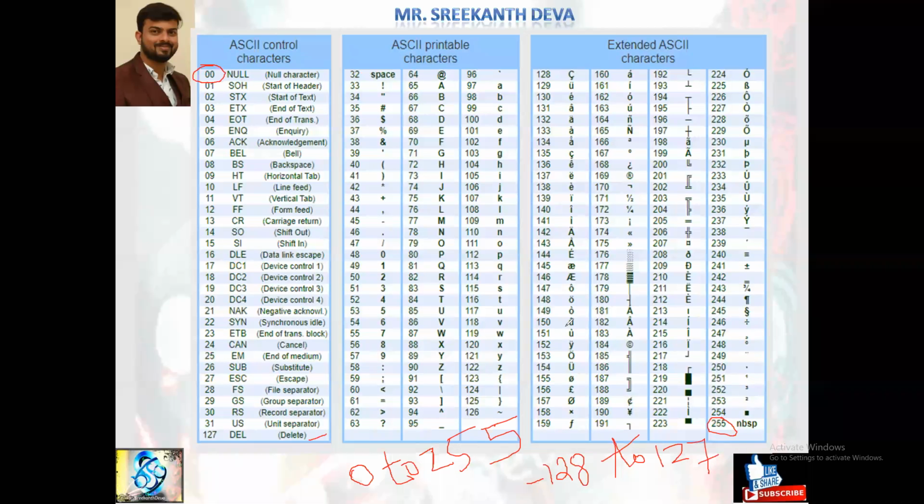Using C++, what kind of standard are we going to develop with? ASCII standard code, which is represented by 0 to 255. How does it come? Because of the 8-bit representation I explained.